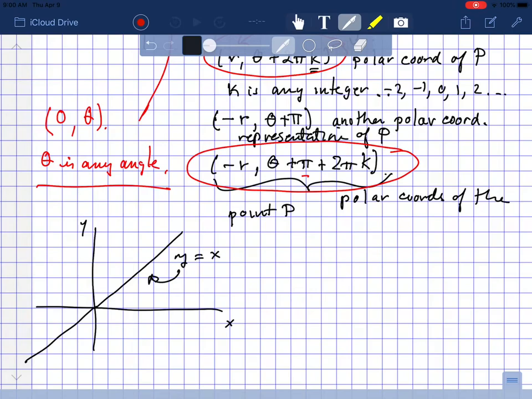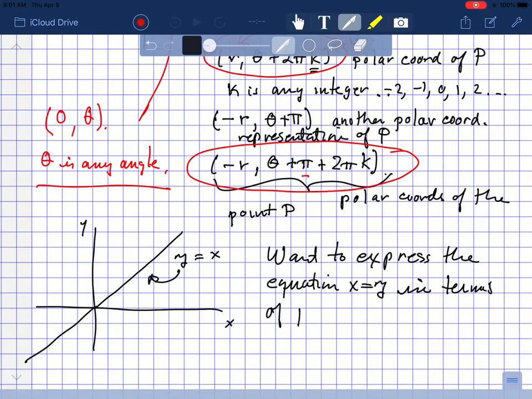And you know what I would like to do is I would like to write this equation in terms of polar coordinates. So what we want to do, we want to express the equation of this diagonal line, x equal y, in terms of polar coordinates. Okay.